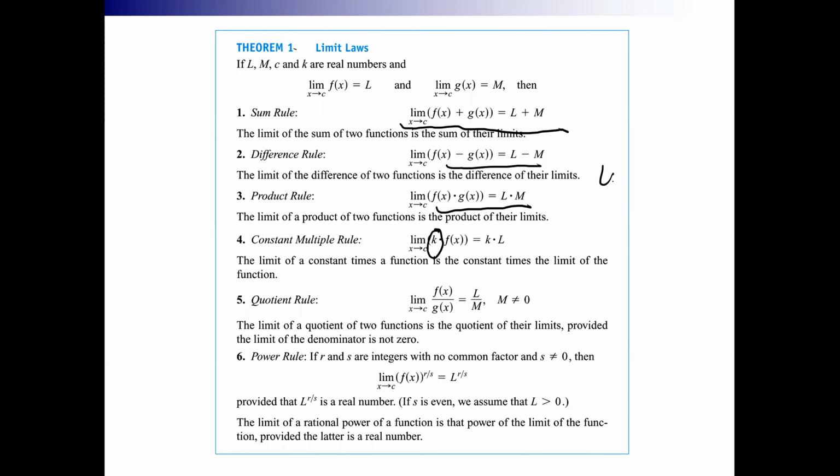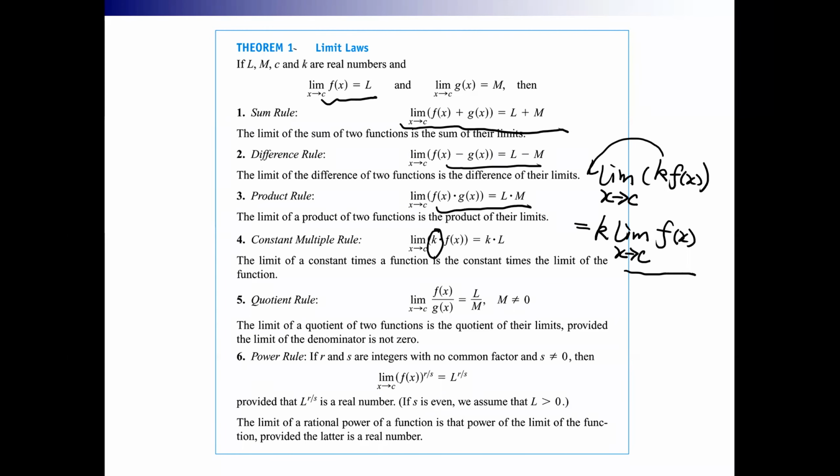So here, the limit as x approaches c of k times f(x) equals k times the limit as x approaches c of f(x). Here, the limit of f(x) equals L, so that equals k times L. The quotient rule is similar, and that equals L over M. And also we have the power rule.